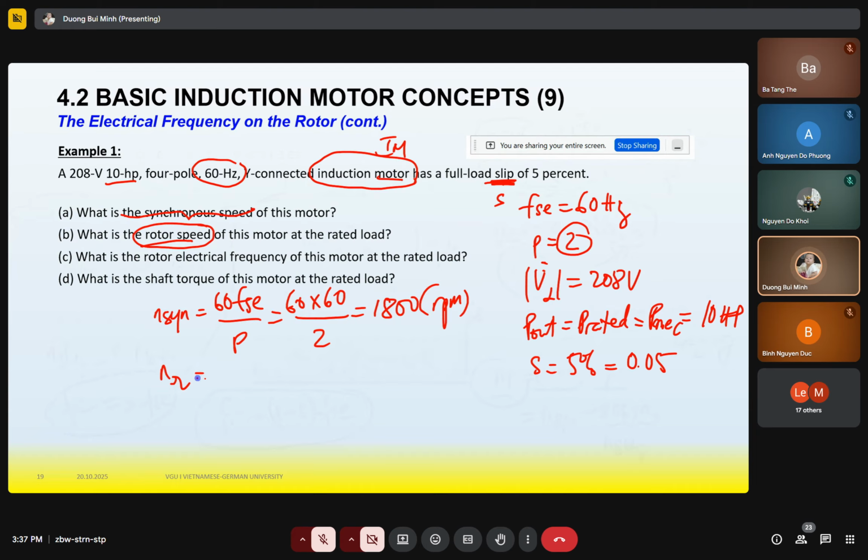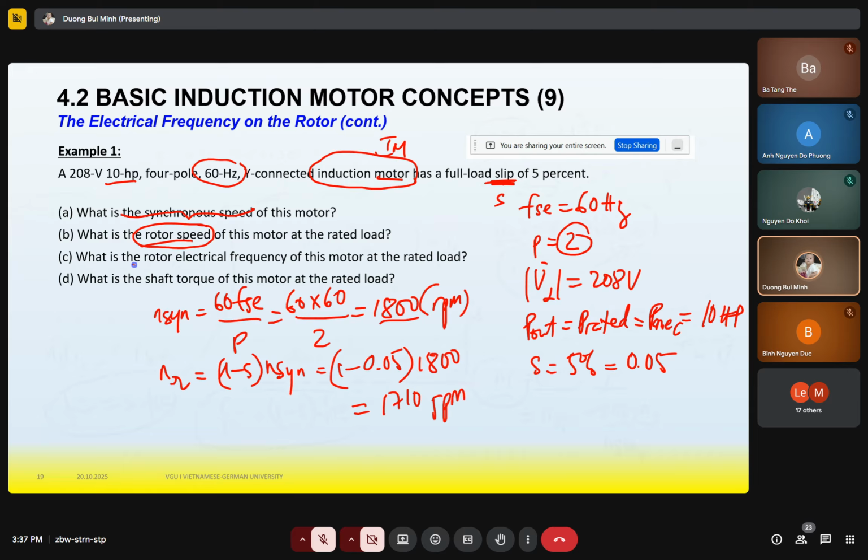That means n_R. So n_R is (1 minus S) times n_sync. That means you get (1 minus 0.05) times n_sync, 1,800. So you get how many? You get 1710 RPM.